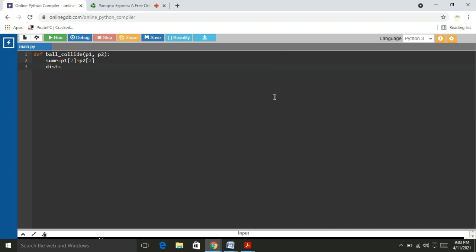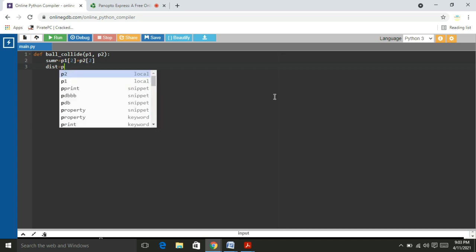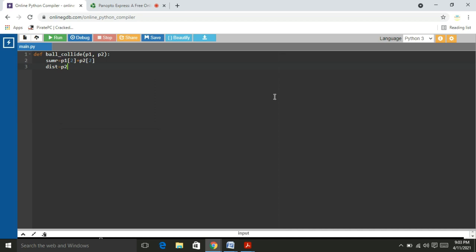I write p2 of 1 minus p1 of 1. That means this is the y2 minus y1 whole square. So we are going to write the whole square, so for that reason I am going to use 2.